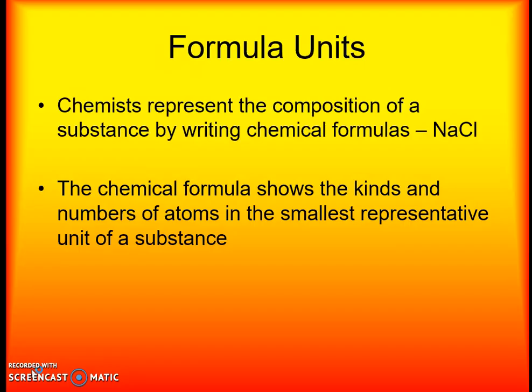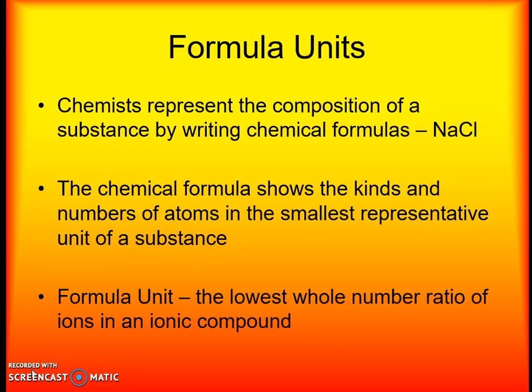Again, the smallest whole number ratio, because ionic compounds will continuously just keep building larger and larger crystalline structures due to the positive cations and the negative anions being attracted to each other. It can just keep filling out and making larger and larger crystals. So within that crystal, we have a formula unit, again, that lowest whole number ratio of ions that makes the compound neutral.